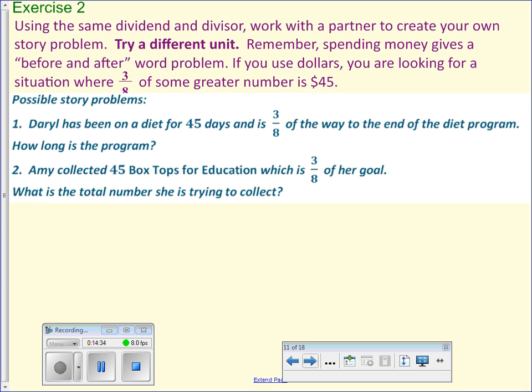How long is the program? Or Amy collected 45 box tops for education, which is 3/8 of her goal. What is the total number she is trying to collect?